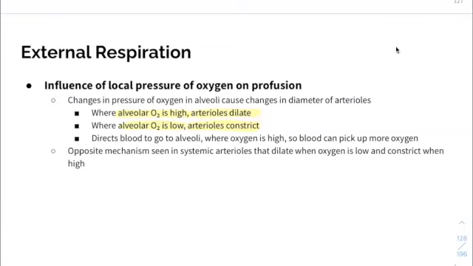Our goal is to pick up as much oxygen when those blood cells go to the lungs as possible. So if some alveoli are kind of low on oxygen, they're going to be like, hey, go somewhere else. Let us collect more oxygen before we start exchanging it out again.